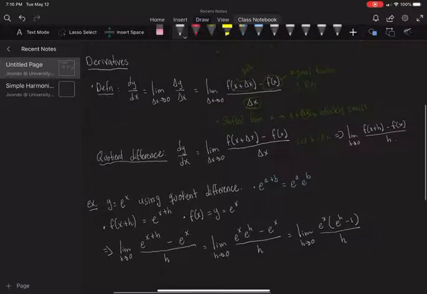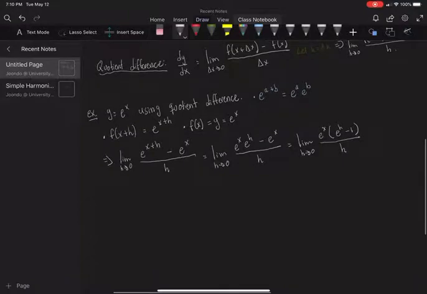Because I think you already know calculus, I'm going to use a trick that is pretty much only learned in Calc 2. Here, e to the x is a constant, because h is approaching 0.